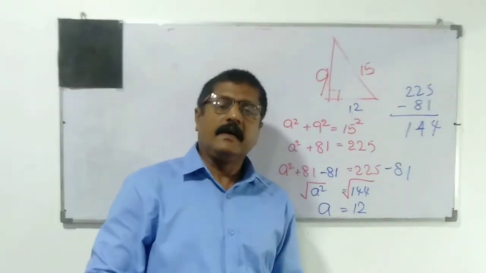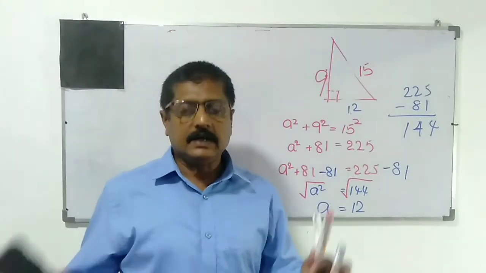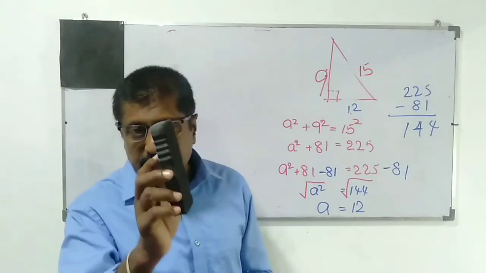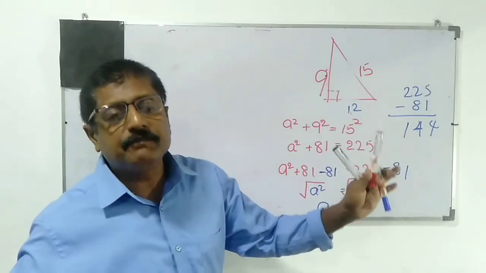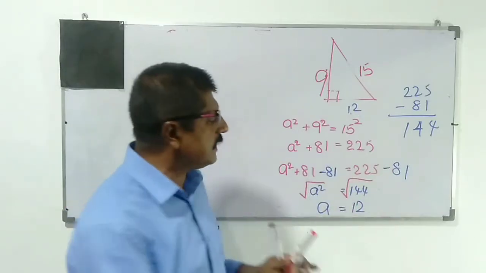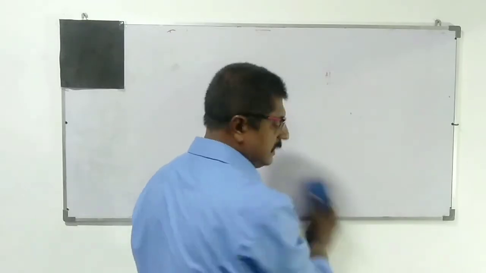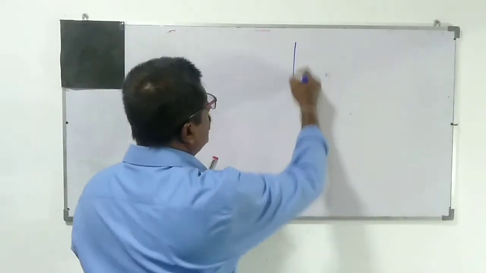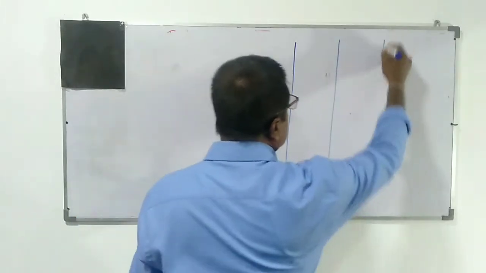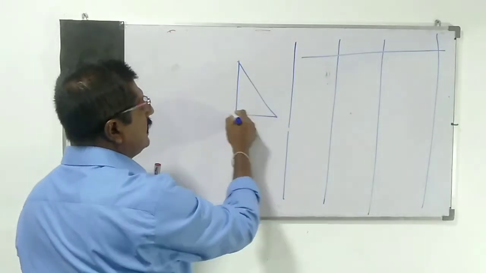Like that, we can apply the Pythagoras theorem and find these lengths. Now I will give you a small chart. I am not going to explain everything. You can do it by yourselves and check whether your answers are correct. Here you are, the three sides. This is the right angle triangle.